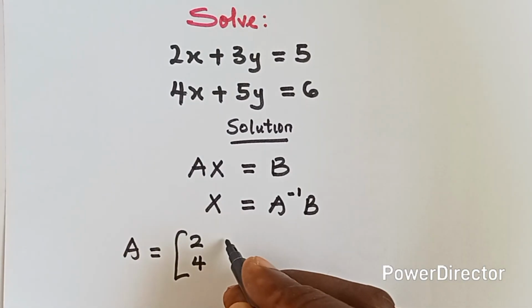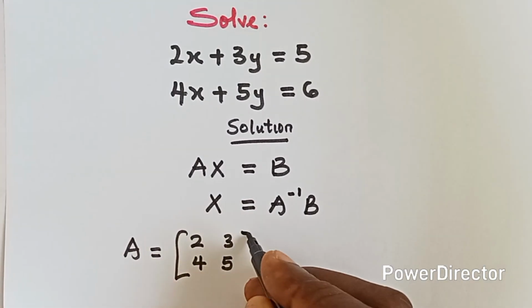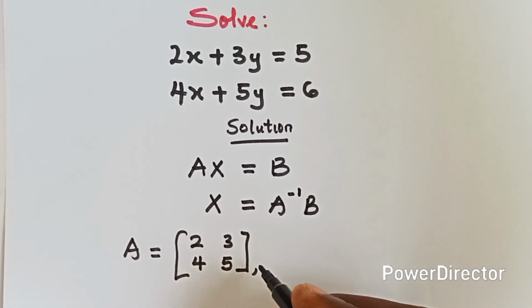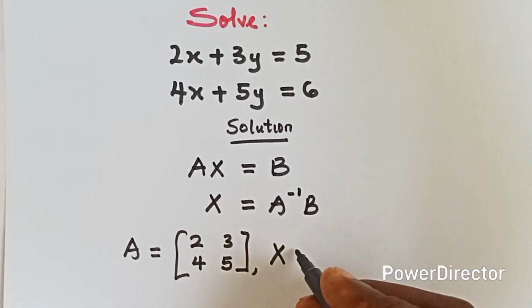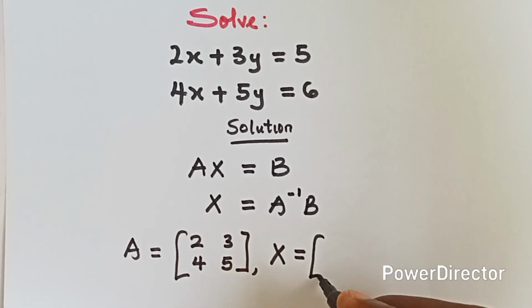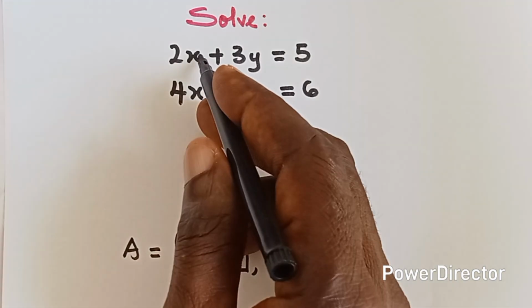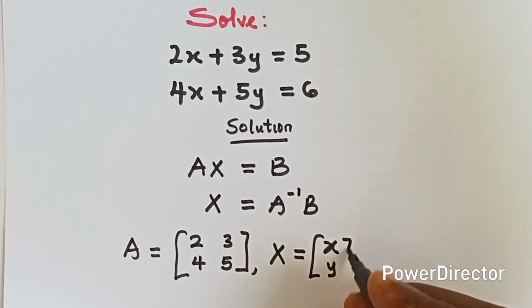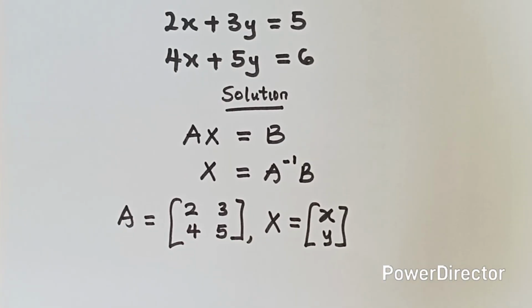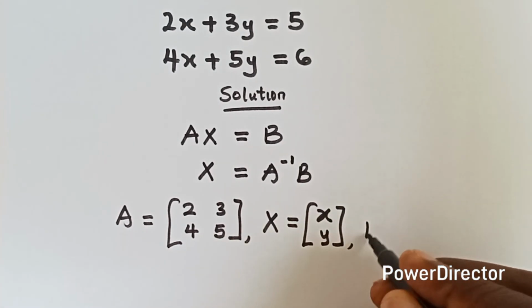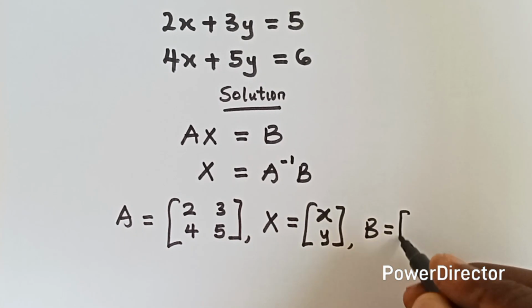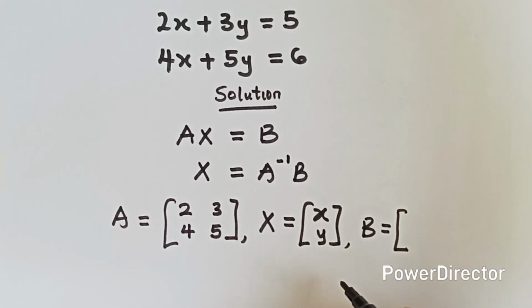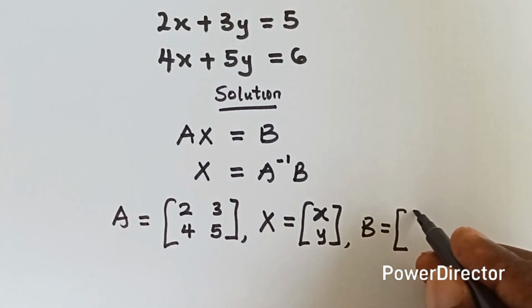Our X are the variables that we have, x and y. And lastly our B are the constants that we have, which is 5 and 6.